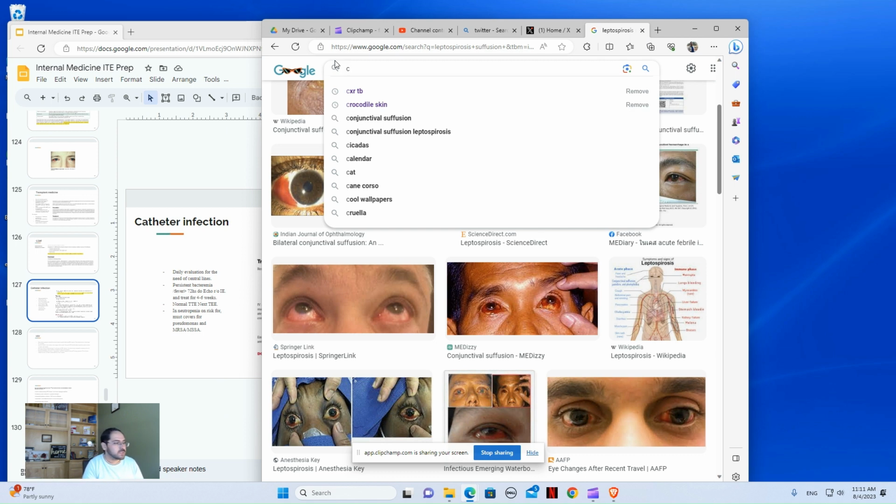MSSA, you don't need to remove the line if the patient is not sick. Treatment, after you remove the line for the severely sick one, you need to give anti-Staphylococcus aureus, anti-pseudomonal for the patient at risk for pseudomonal infection, and narrow the spectrum once you have the culture and sensitivity.